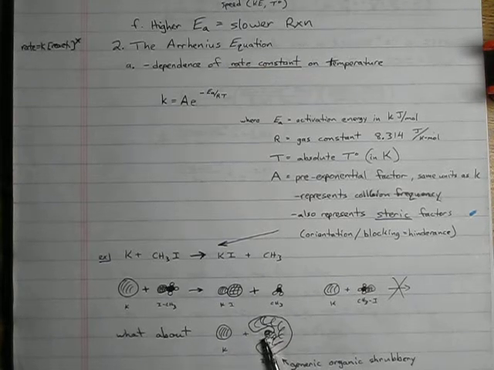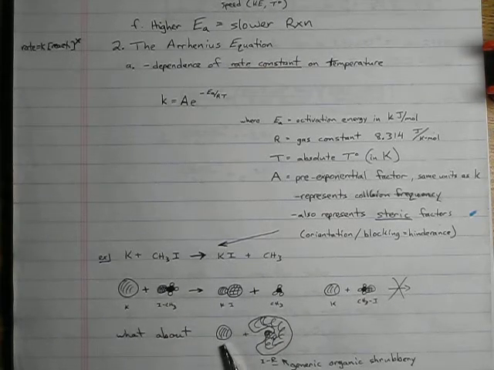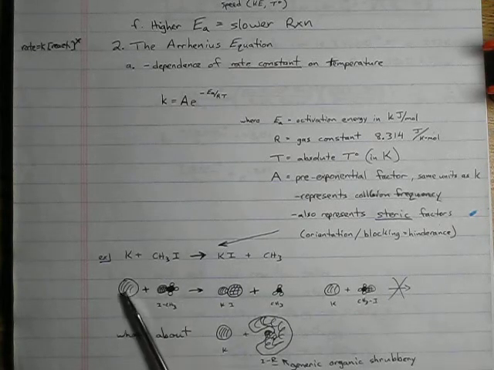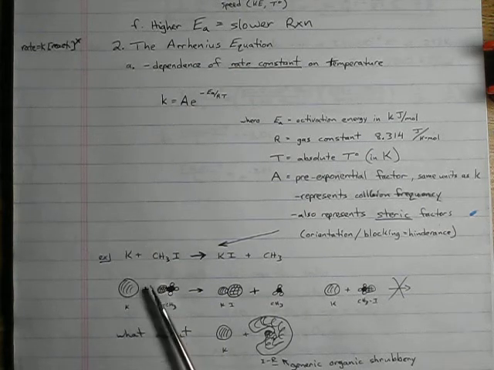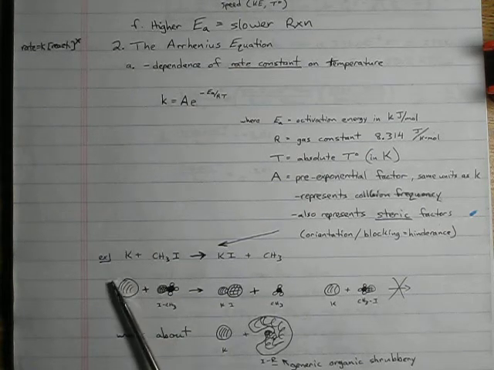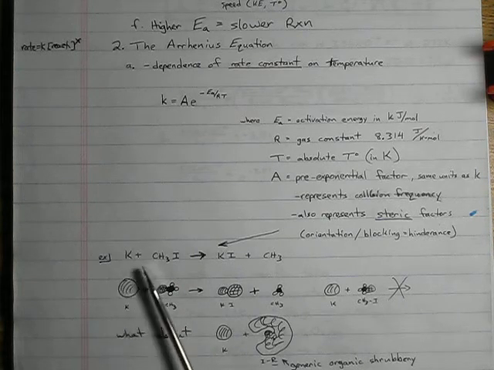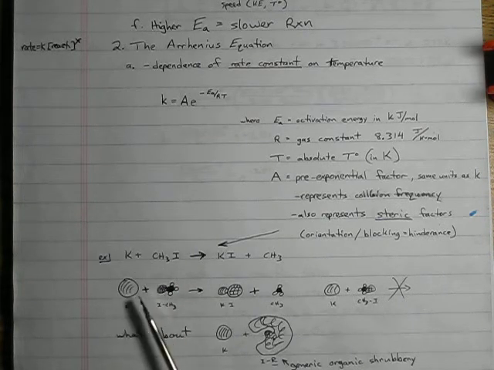So this reaction would be slower than this one, because in this reaction the potassium can only come in from one direction, and realize they're moving randomly. Whereas in this reaction the potassium can come in this way, it could come down this way, it could come up from here. Multiple collision orientations will allow this reaction to occur, whereas really only one will allow this reaction to occur.